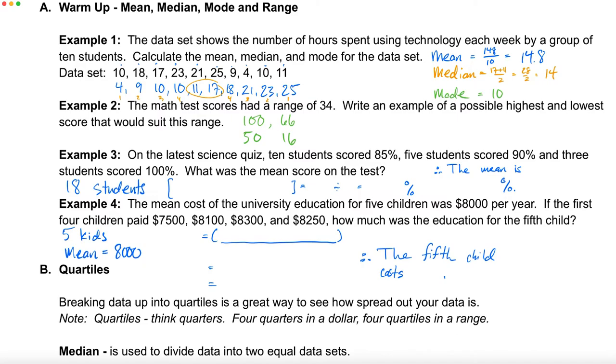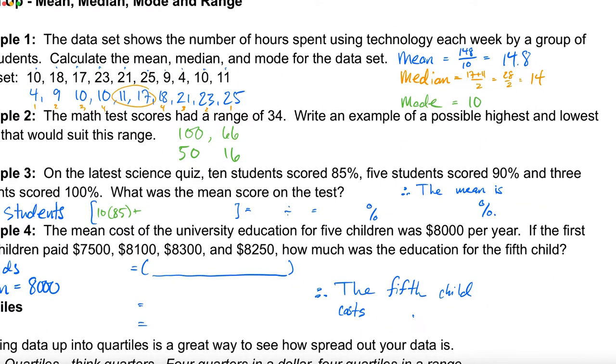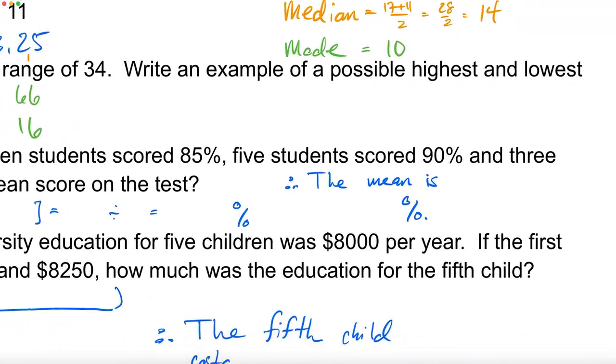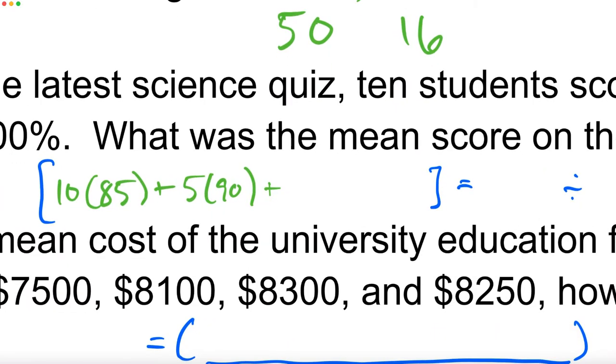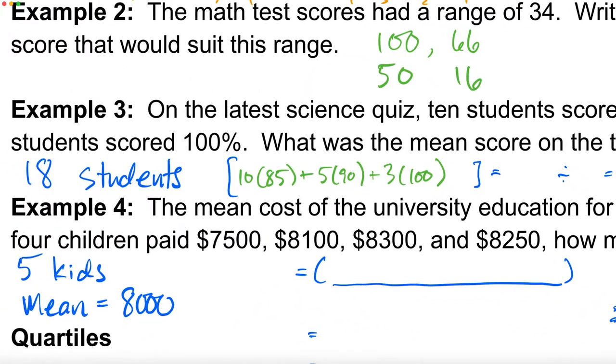Okay, you're back. I'm going to do some cheating adding here. I know that 10 students scored 85%. So we have 10 students times 85, plus 5 students who scored 90, plus 3 students who scored 100, and we are going to divide all of that by 18 when we're done.